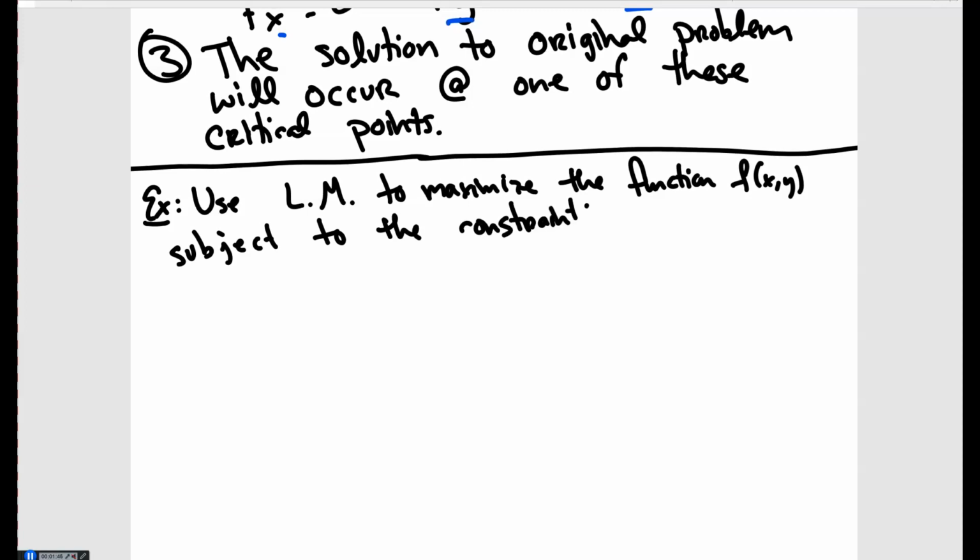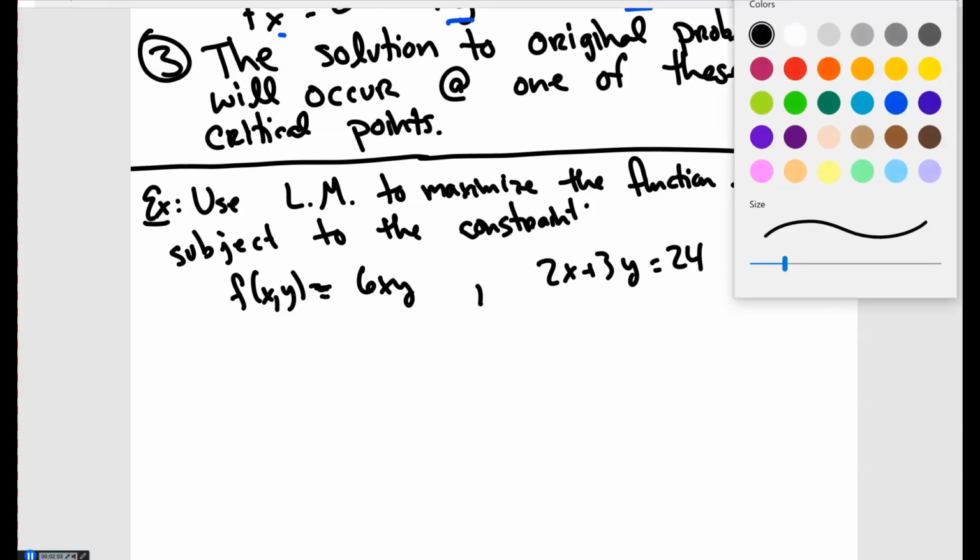Here is my function f of x comma y equal to 6xy, and then my constraint is 2x plus 3y is equal to 24. You can try it out if you want to, or you can just follow along.